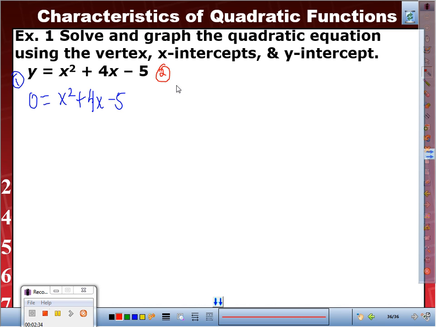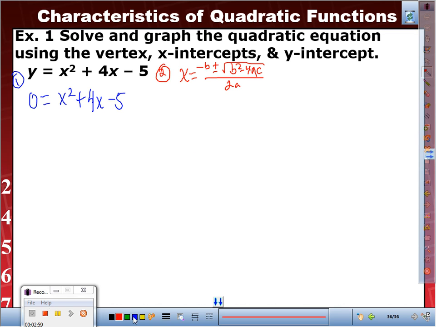So first I'm going to write my quadratic formula. x equals minus b plus or minus square root of b squared minus 4ac over 2a.